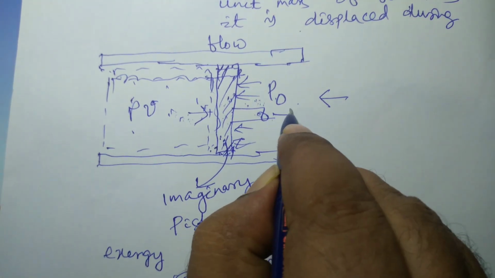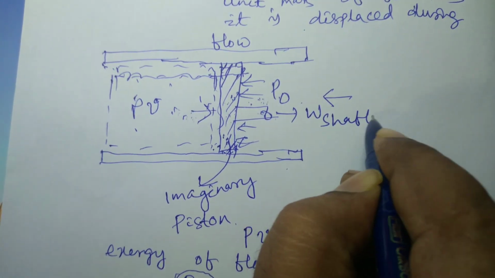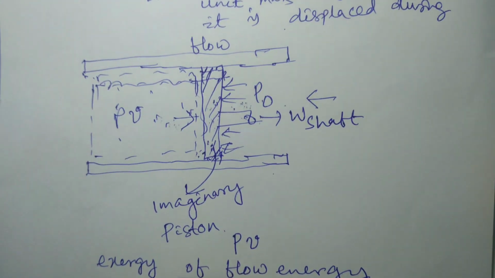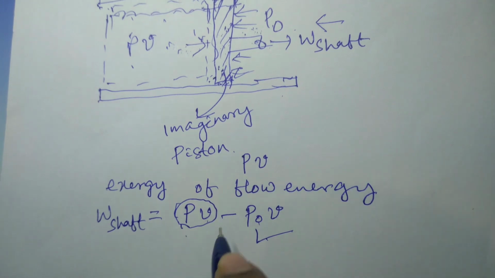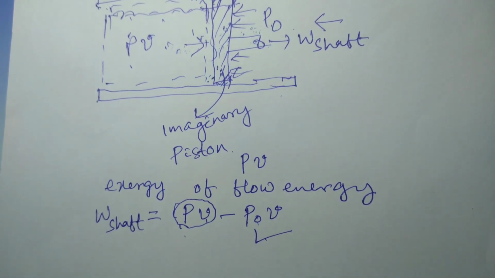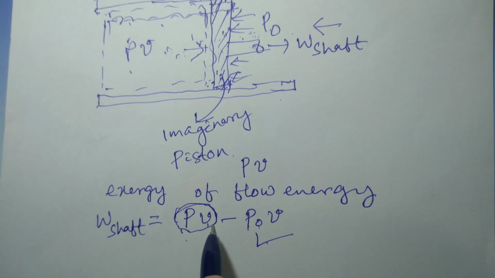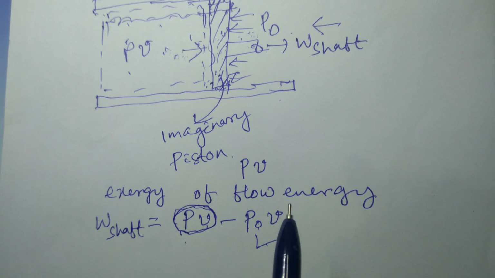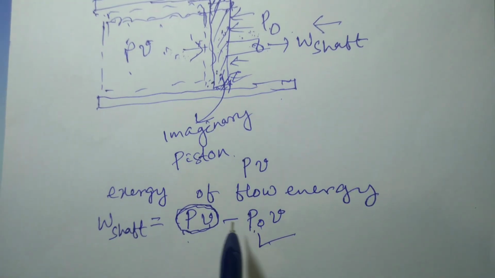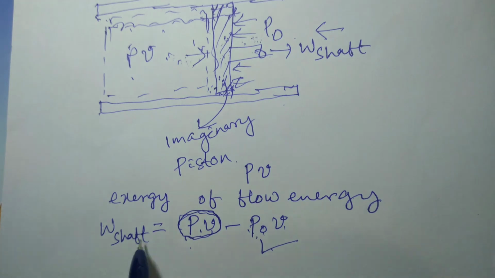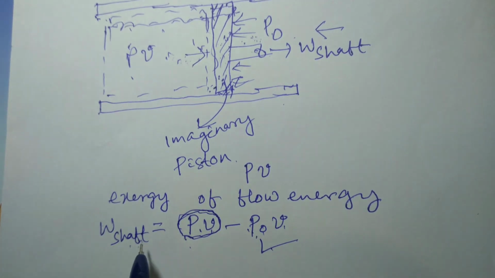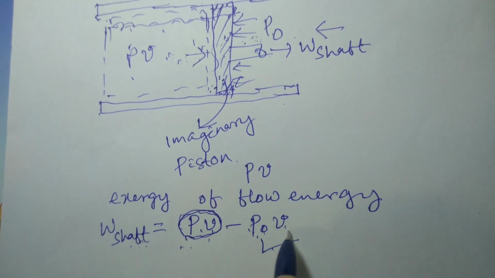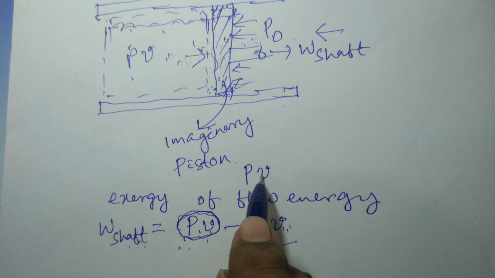Here the shaft work being produced is not equal to P multiplied by V. This shaft work is actually equal to P multiplied by small v minus P0 multiplied by small v, because a portion of this energy is used in pushing the surroundings. So this minus this represents the useful shaft work, and this is the maximum useful work that can be extracted from this flow energy, and this is the exergy associated with the flow energy P multiplied by small v.